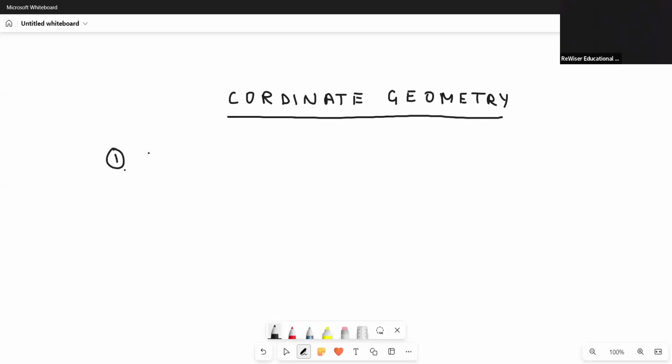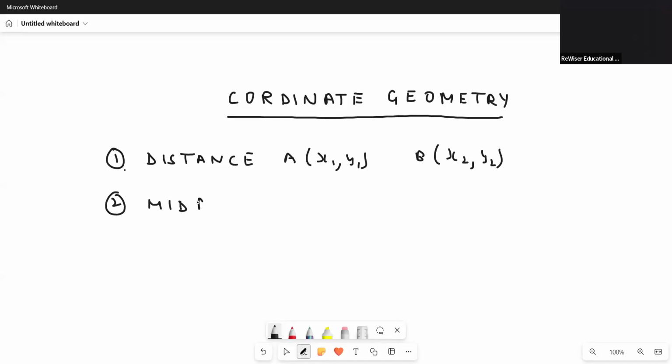Number one is the distance between the 2 points, say A, whose coordinates are x1, y1, and point B, whose coordinates are x2, y2. The second important thing that we'll be discussing is the midpoint of the coordinates A and B, how to find the midpoints.